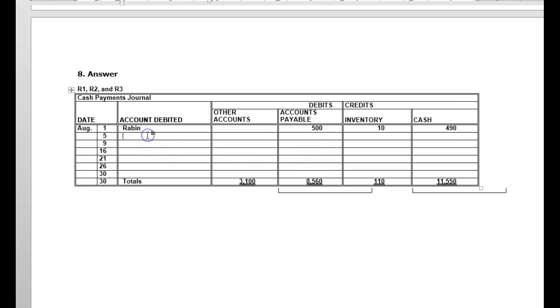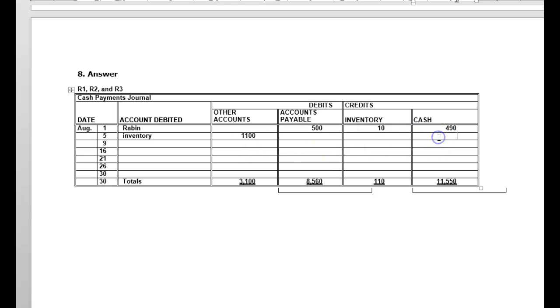Now let's do just a couple more. We purchased inventory for cash. Now, even though we have inventory over here, it is only set up for debits. So that is going to be inventory as a descriptor, and it would go under other accounts. $1,100.